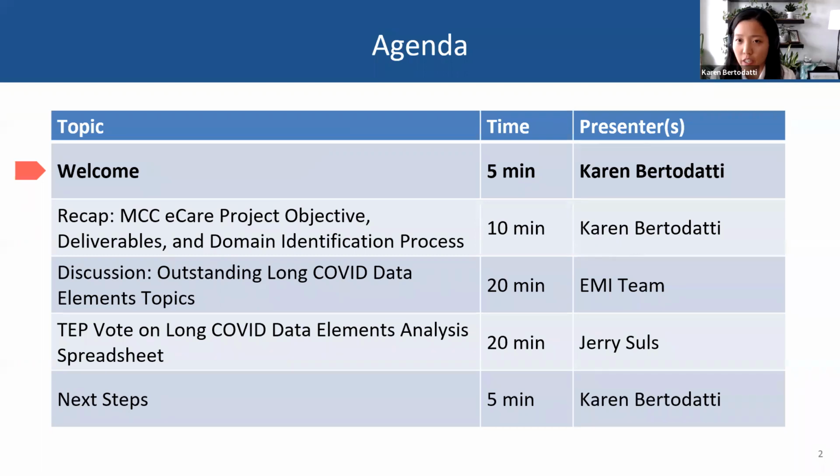And then we will enter a discussion around the specific data analysis spreadsheet. And then Jerry Sills, our long COVID co-chair, will chair the beginning of the vote and discussion around that vote. And then we'll wrap up the meeting today with a few next steps.